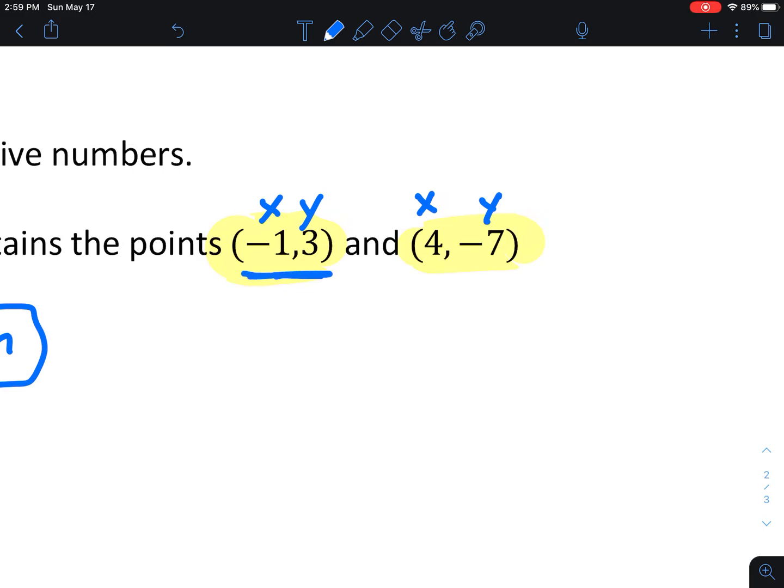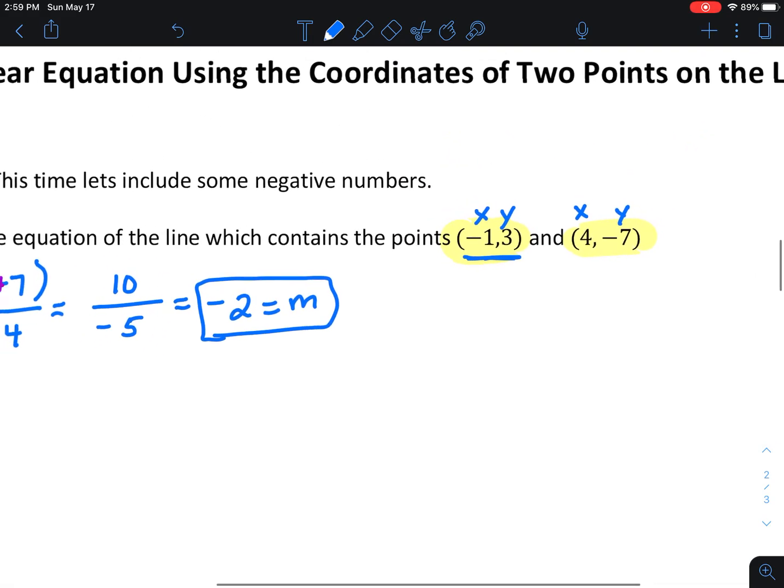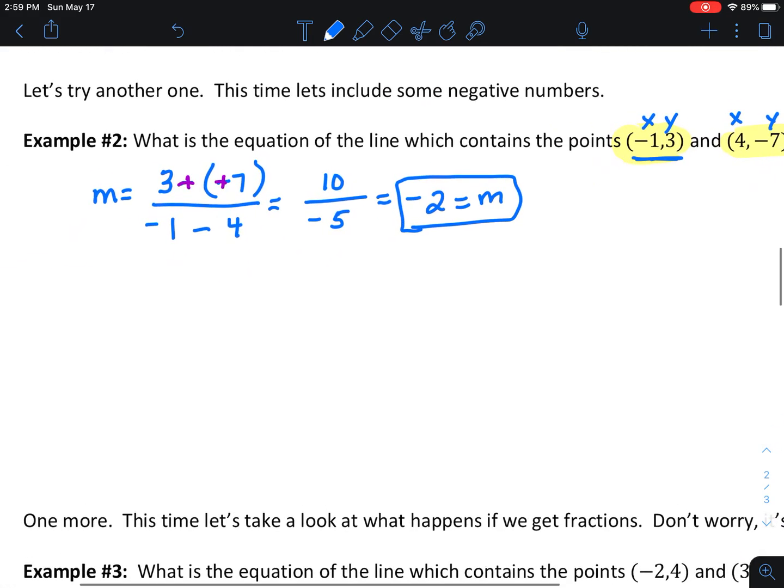So let's go ahead and use that, okay? Remember, step number 2, we're going to say x is equal to -1 and y is equal to 3. Now in step number 3, we're going to replace the x, the y, and the m into y equals mx plus b.